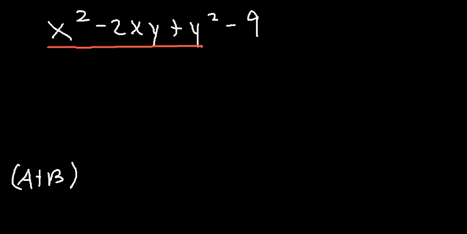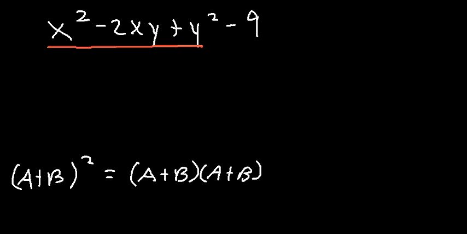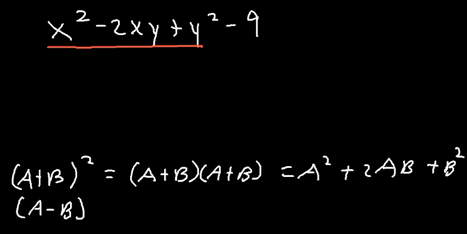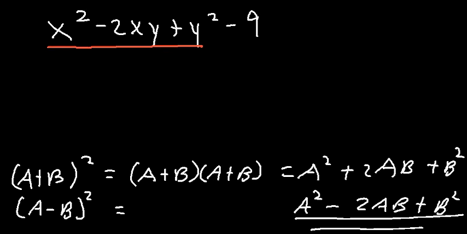A plus b squared is a plus b times a plus b, and when you FOIL it, it becomes a squared plus 2ab plus b squared. A minus b squared is a squared minus 2ab plus b squared. Notice that this equation is the same as what we see here. Instead of a and b, it's just x and y.